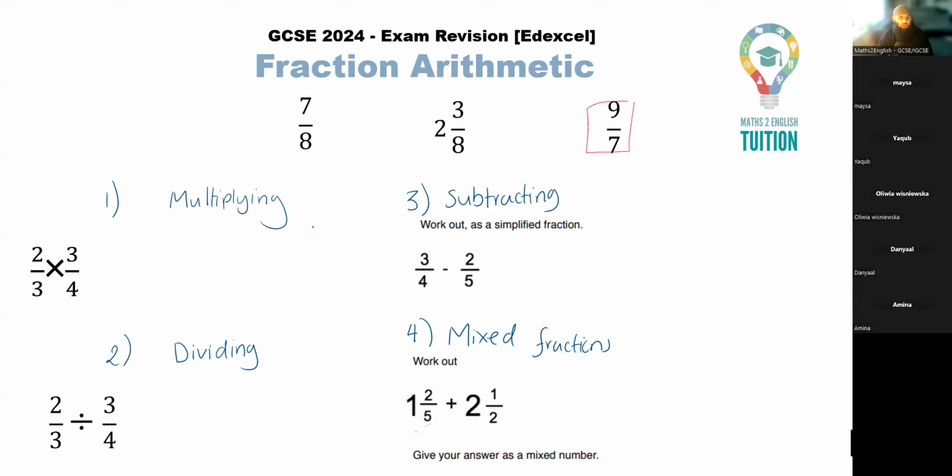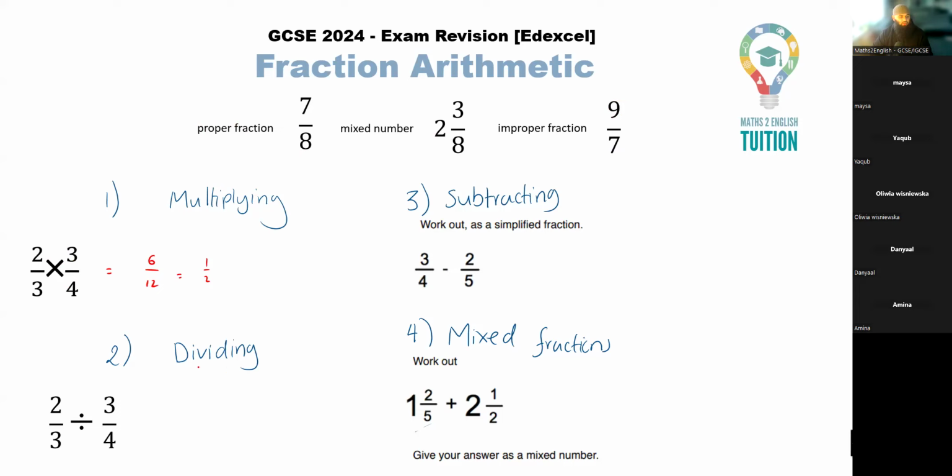We should know the names: the proper fraction, the improper fraction, and the mixed number, okay? You can see the difference between a proper fraction and an improper fraction is the value on top. The numerator is more. Coming to the multiplying over here, when we multiply fractions, we multiply top numbers, which is 6, multiply bottom numbers, which is going to be 12. We can simplify this to 1 over 2.